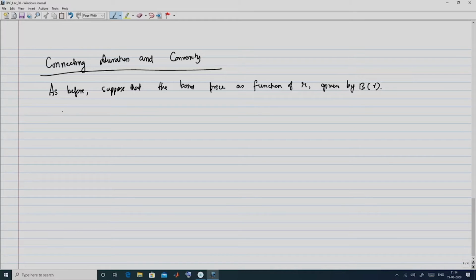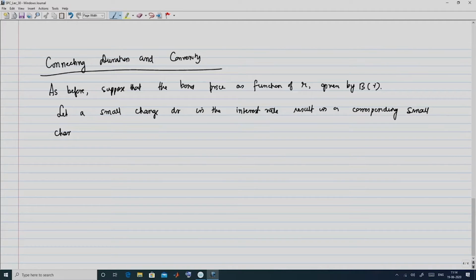B of R. Now, let a small change dr in the interest rate result in a corresponding small change in the bond price.